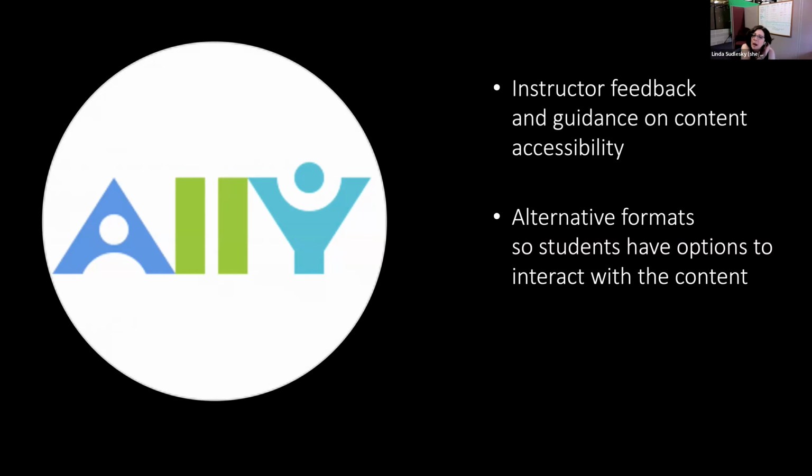The student can click on that A and pull many different alternative formats that might be more accessible for that particular student, based on the assistive technology they're using to navigate your course.